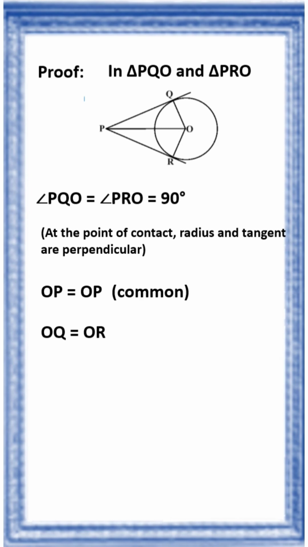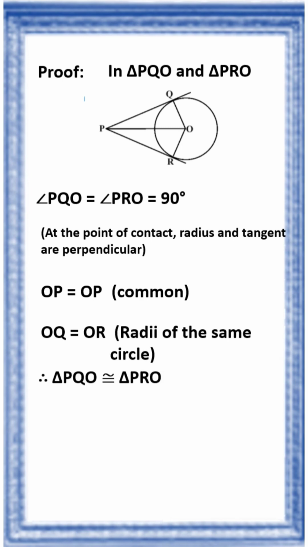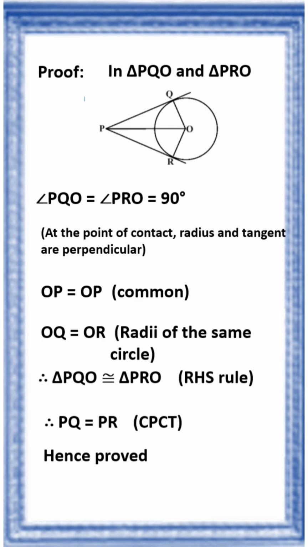OQ is equal to OR, radii of the same circle. Therefore, triangle PQO is congruent to triangle PRO, RHS rule. Therefore, PQ is equal to PR, corresponding parts of congruent triangles. Hence proved.